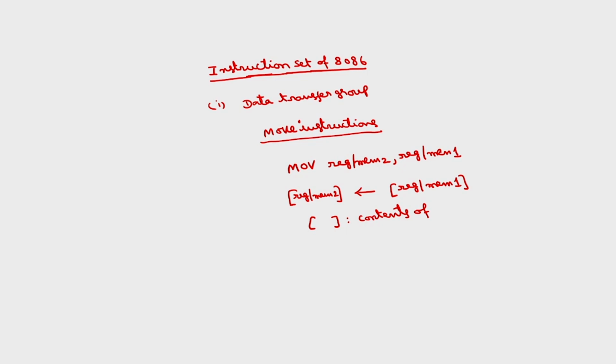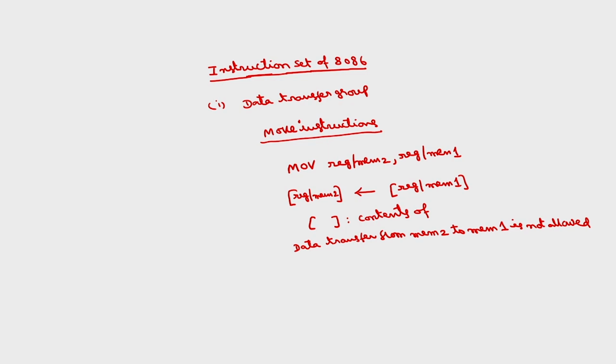Memory to memory transfer, from memory 2 to memory 1, is not allowed. For that you have to transfer the memory contents into some register, then from the register to another memory. So, direct transfer of data from one memory to another memory is not allowed using this instruction.